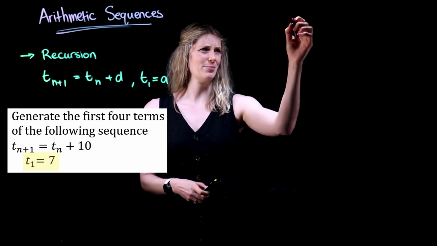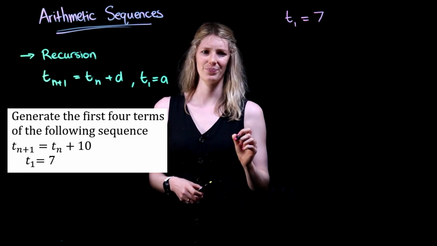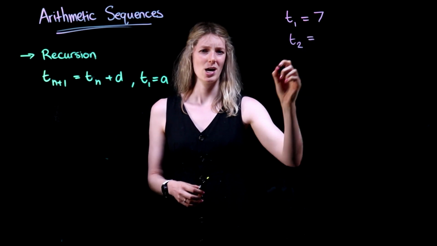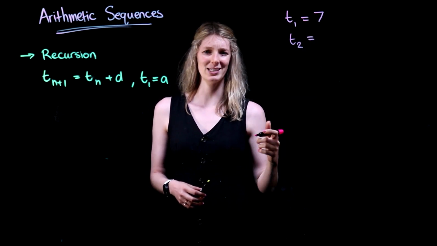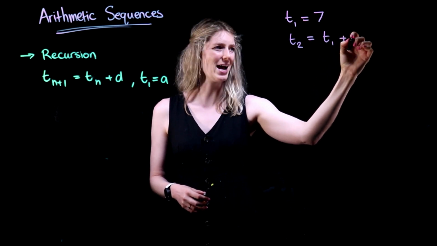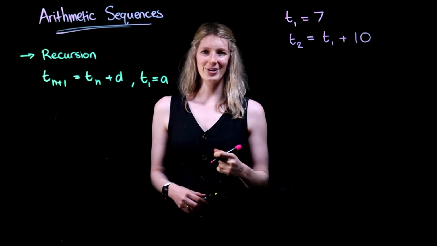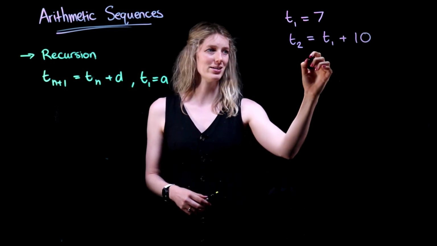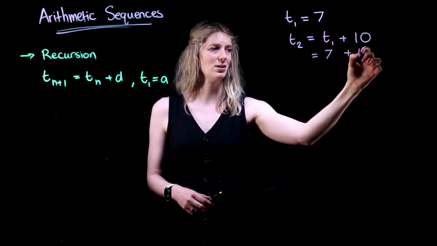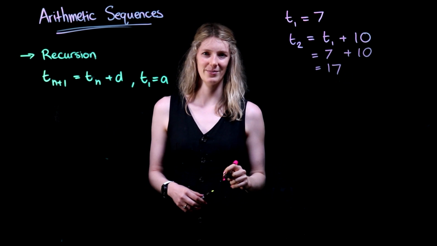So we can start by saying our term 1 is 7. In order to find our term 2, our recursion relation is telling us to take term 1 and to add 10 onto it. Now we've already had our term 1 defined for us, so we can say that to get term 2, we would do 7 plus 10, which is 17.